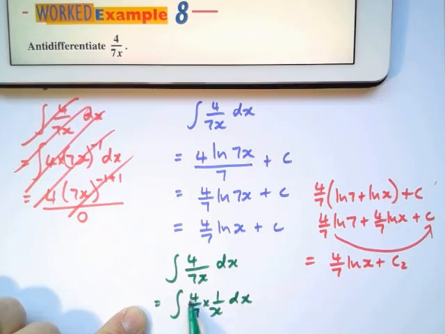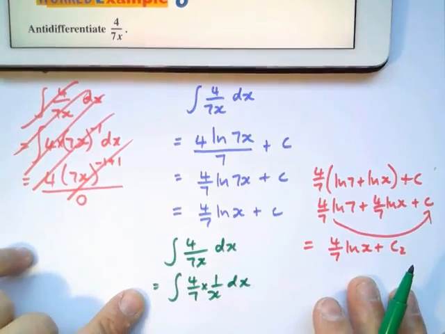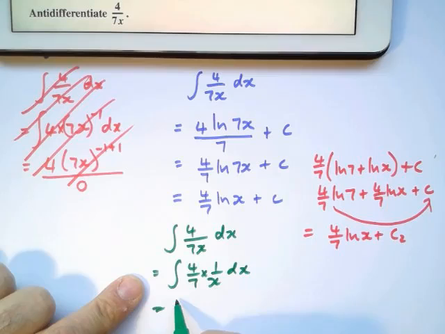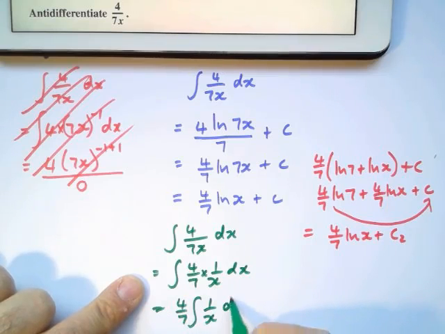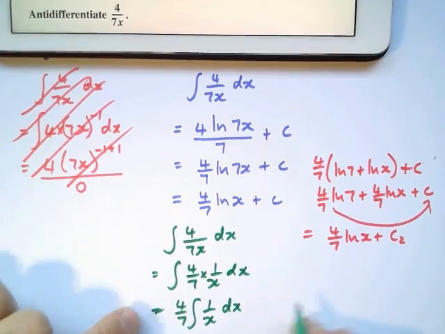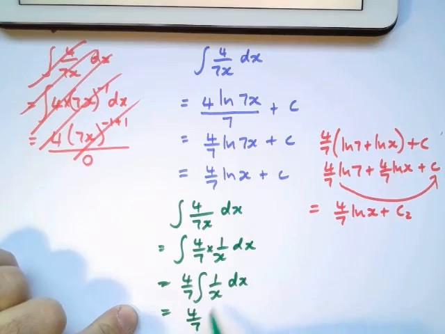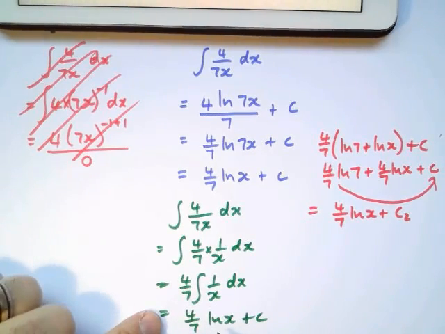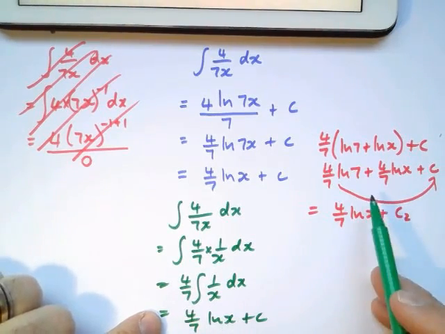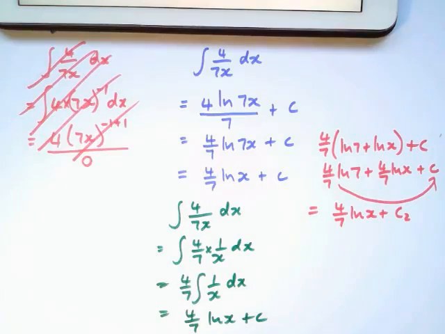It's multiplication, so I can move this 4 over 7 out of the integration sign, and then I have 1 over x dx. And then this is 4 over 7 ln x plus c. So I get to the same answer, and I've explained why. I'll accept any one of these as a correct answer.